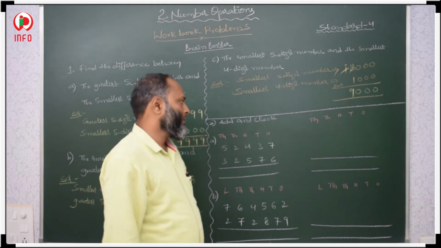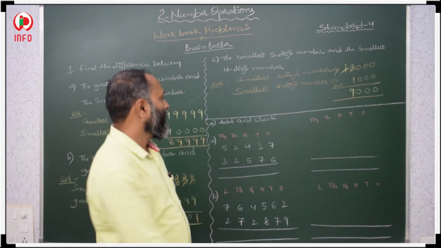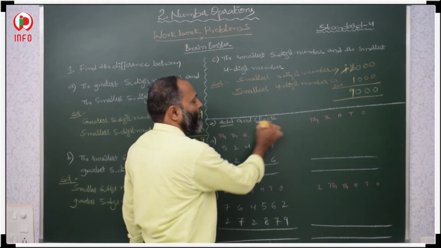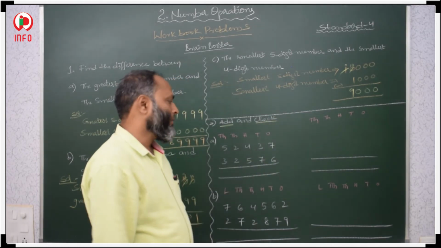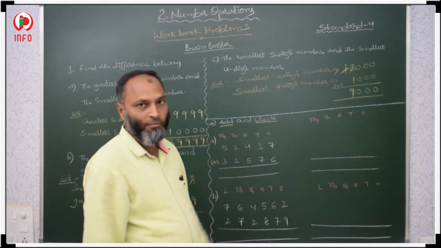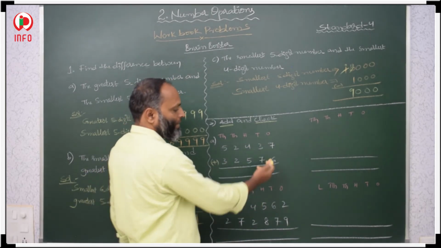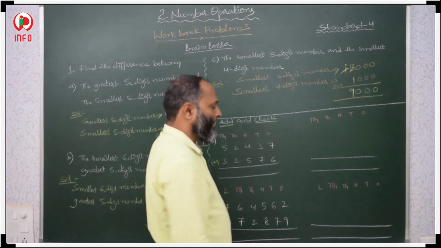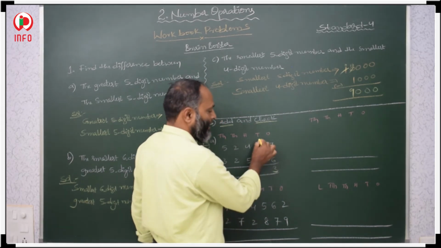Home assignment. Now here we have to add and check. So how to add? First add all the numbers and after that check. 7 plus 6, 13: 3 is here and 1 goes here.